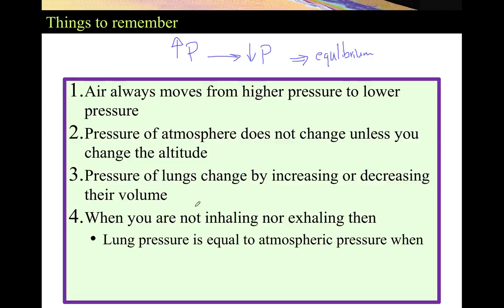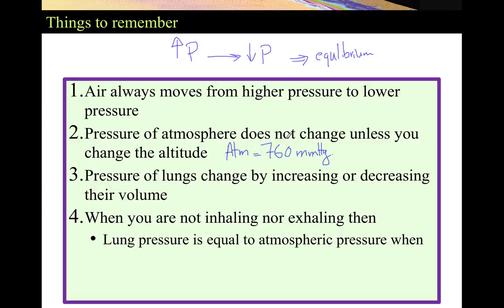The other concept that you need to know is this. The atmospheric pressure, the pressure that is found in your environment, is consistent. We shorthand that to ATM. If you are staying in the same environment, that pressure is typically described as 760 millimeters of mercury. The atmospheric pressure does not change just because people are breathing the air in and out.